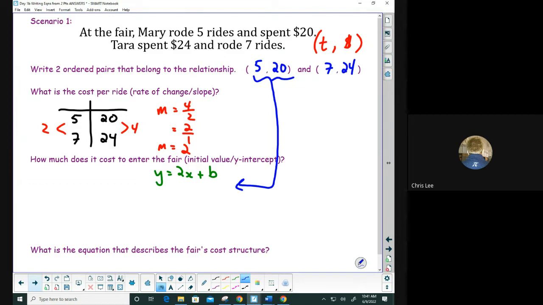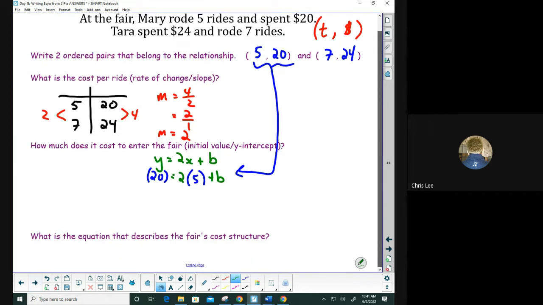But we now know that this is 20 equals 2 times 5 plus B. And this math is exactly the same as what we just did. 2 times 5 is? How do I get B by itself? Minus 10.